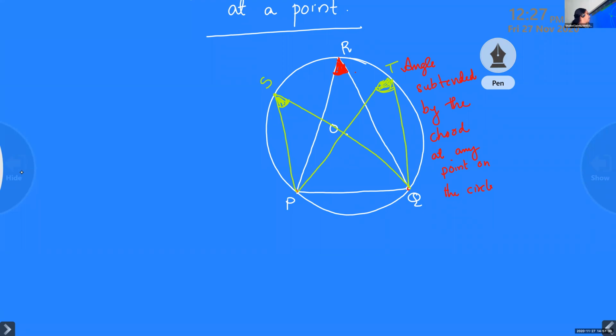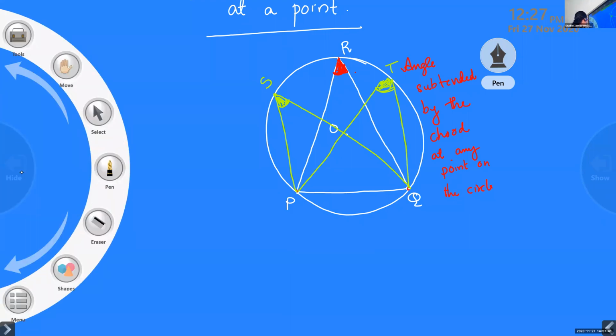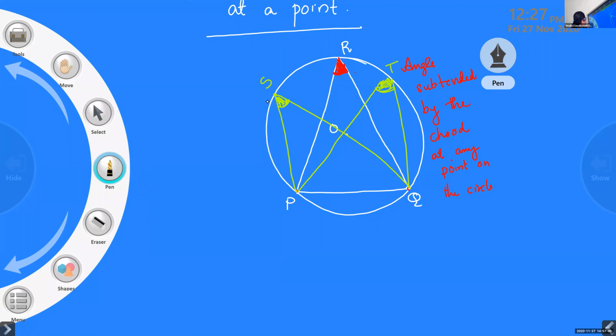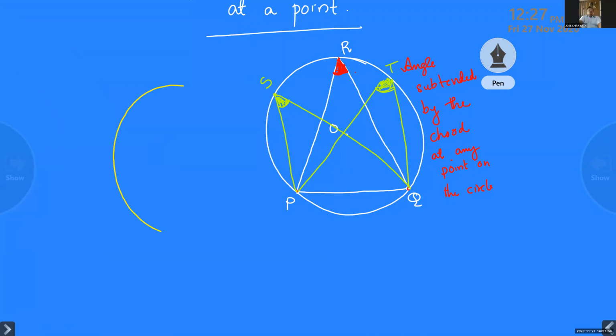Clear? Okay. Now again, one more thing I'll show you. See, children, I'll take another color. There is one more circle and the same chord PQ. And O is the center.